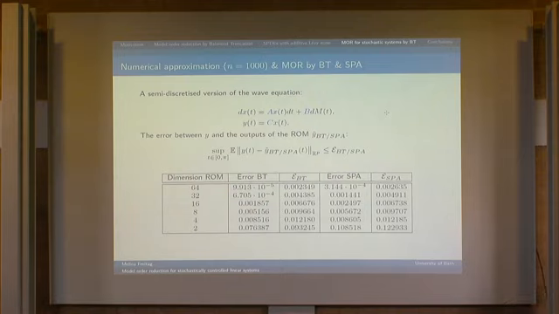So if you're just interested in doing a quick optimization, these errors are quite small. Even a system of size 64 you could work with, and it's a very small error. So this works really well.